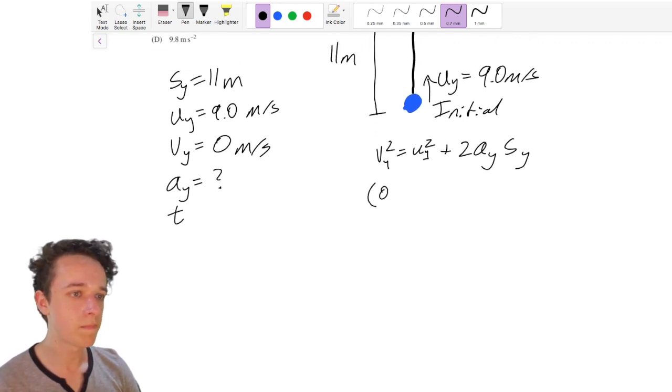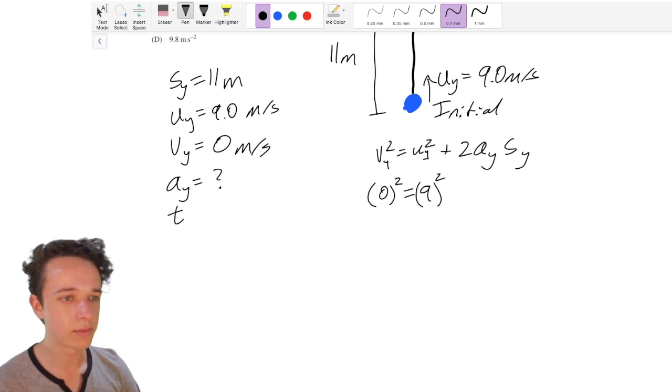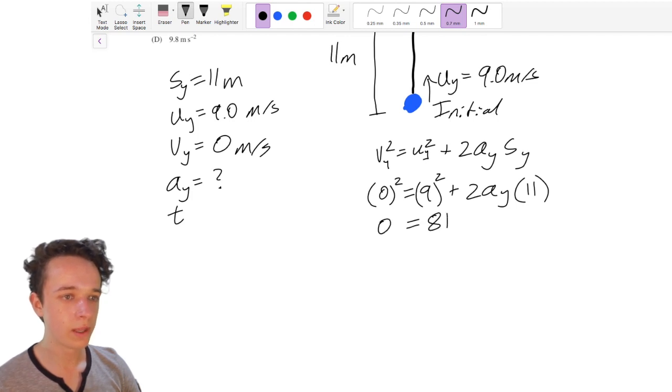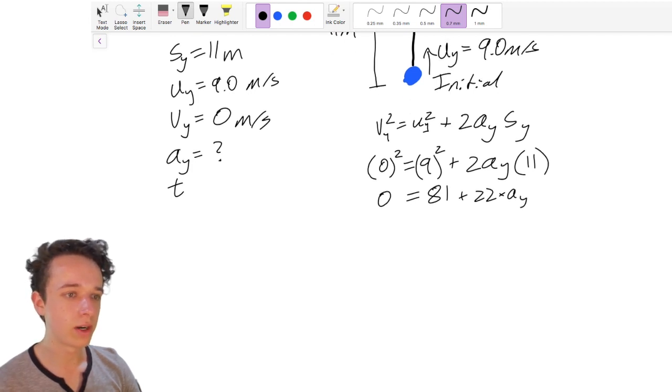Okay, so let's sub in all these values. Vy is 0. Uy is 9.0, but same thing as 9. So 2 times AY multiplied by SY, which is 11. So now we have 0 equals 9 squared, which is 81, plus 22 multiplied by AY. If we take the AY to the other side, we have negative 22 AY equals 81.